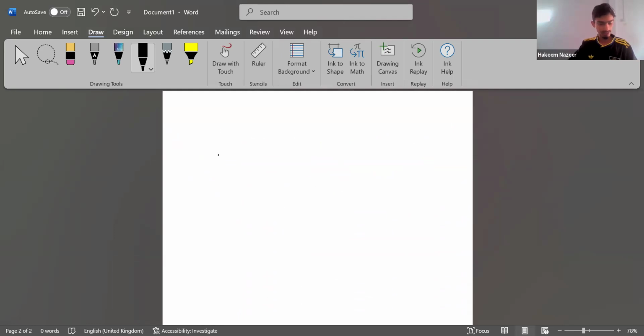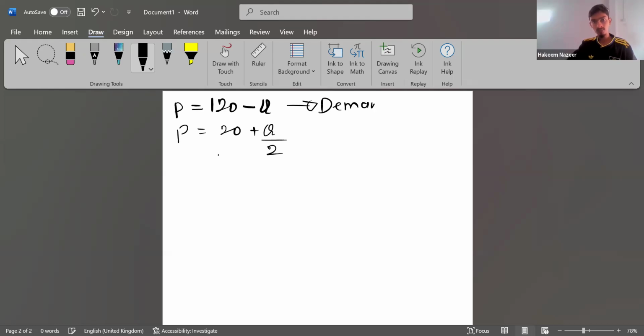Suppose the question is like this: P equals 120 minus Q and P equals 20 plus Q over 2. This is the demand curve and this is the supply function, not the curve, right? We need to identify first the equilibrium price and equilibrium quantity.